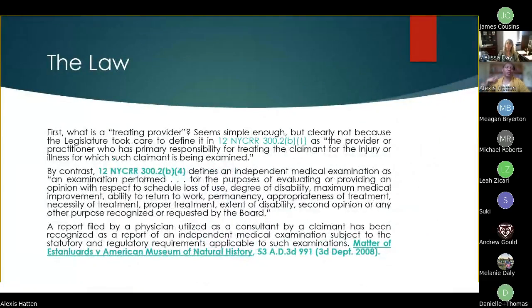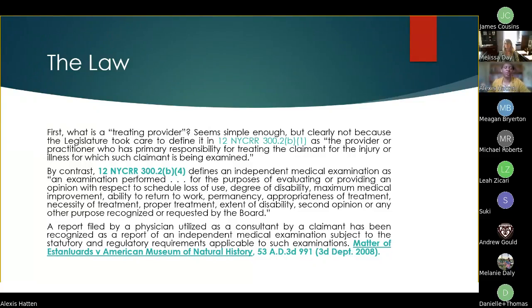So the law, what's a treating provider? That seems simple enough, a provider who treats the claimant, but it's the provider or practitioner who has primary responsibility for treating the claimant for the injury or illness for which the claimant is being examined. By contrast, an IME is an examination performed for the purposes of evaluating the claimant for permanency, degree of disability, ability to return to work, treatment, disability, any of those things recognized by the board.